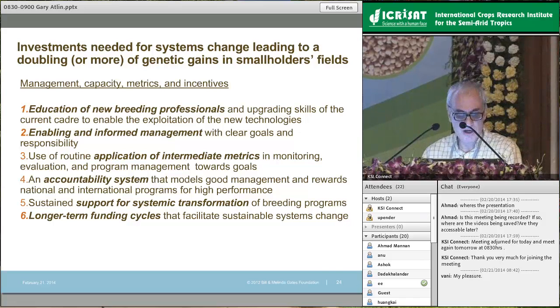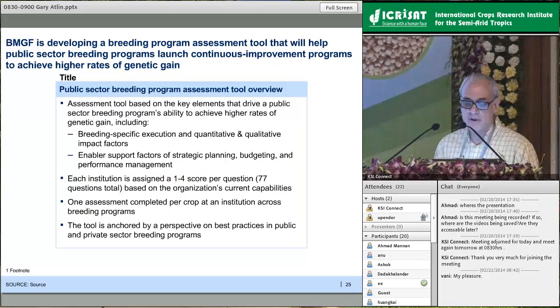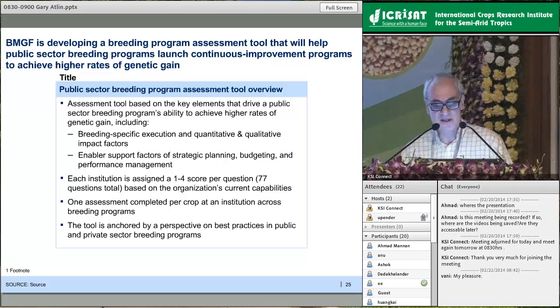And from the donor side, sustained support for systemic transformation of breeding programs and longer funding cycles will be needed to implement this modernization. Without going into detail, because there's no time, I'll just note that the Gates Foundation is developing a breeding program assessment tool or scorecard that will help public sector breeding programs launch their continuous improvement efforts to achieve higher rates of genetic gain.